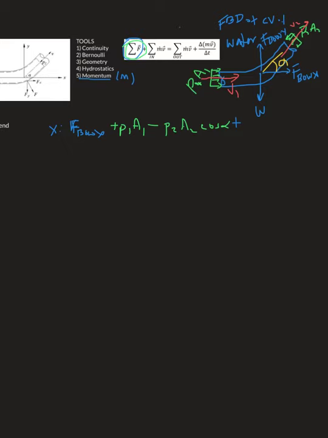So now we are using red. Okay, so now we've got this V1 term. And so we've got an m dot, which is going to be rho Q. Okay, rho 1, Q1.